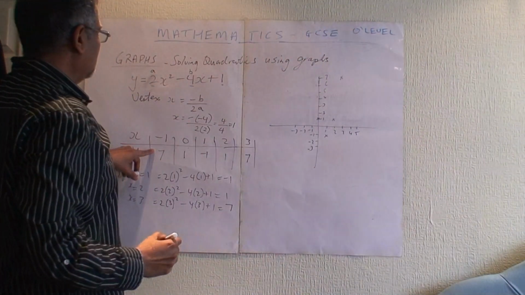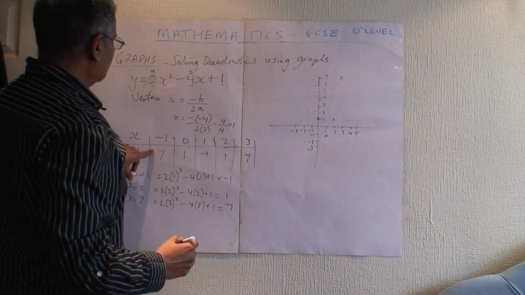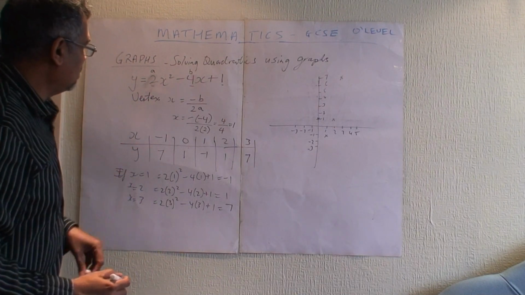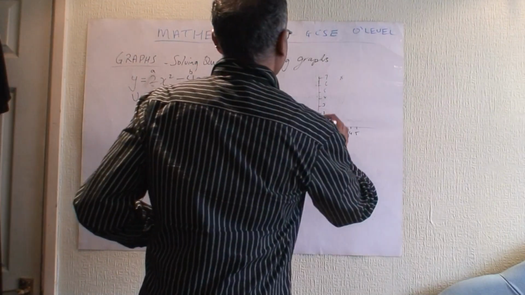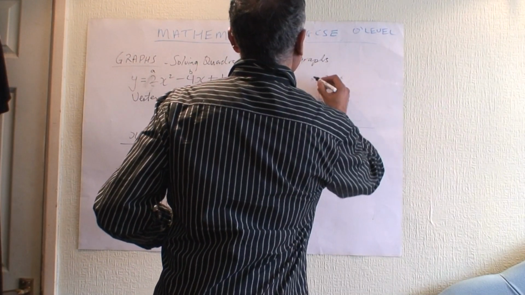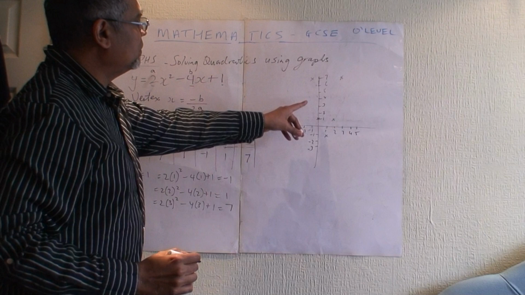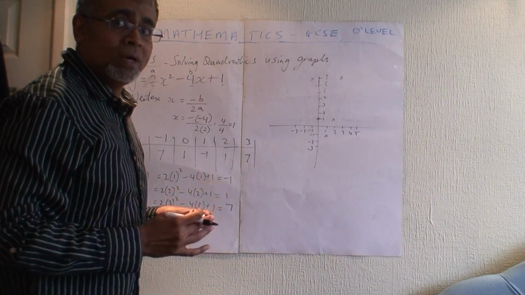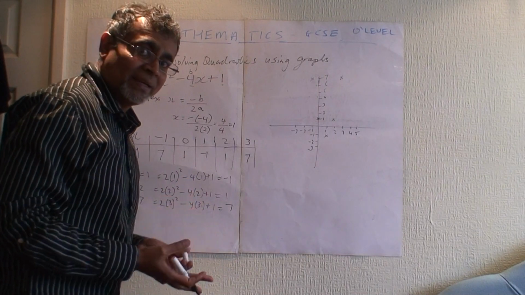And we have the last one, for x is minus 1, and y is 7. Okay, so we have some points here, and we just draw a line through them to connect the points.